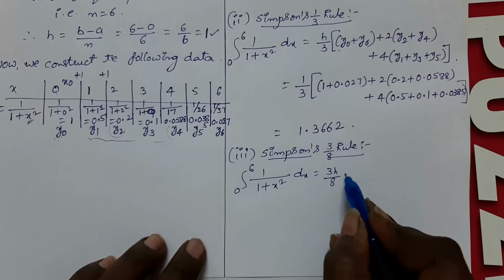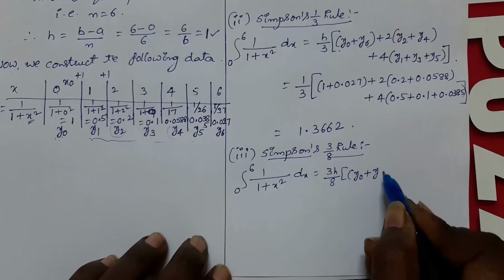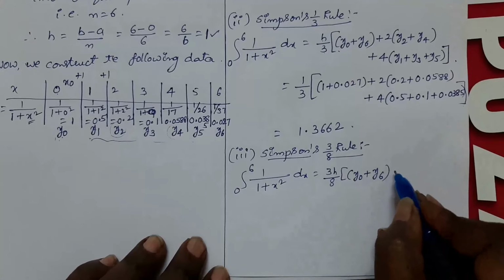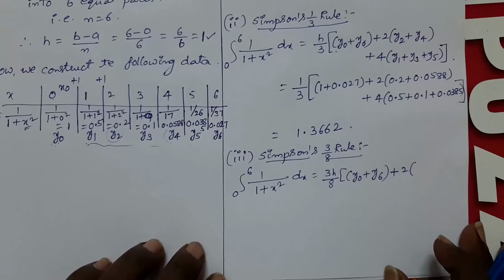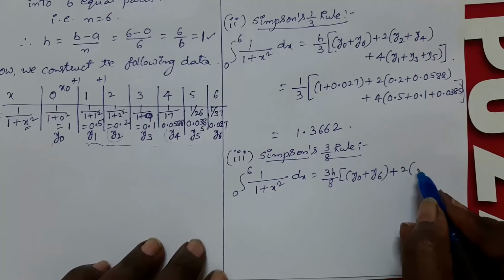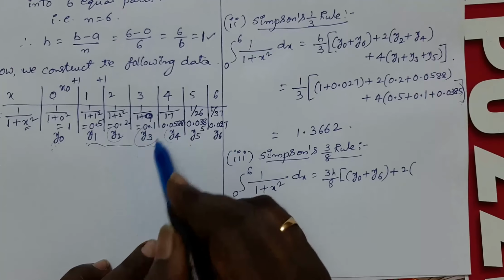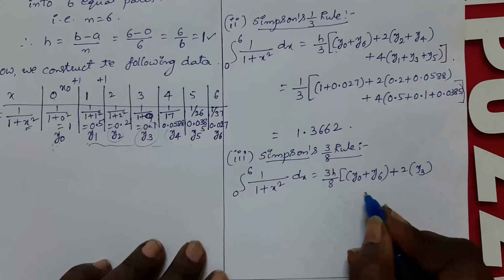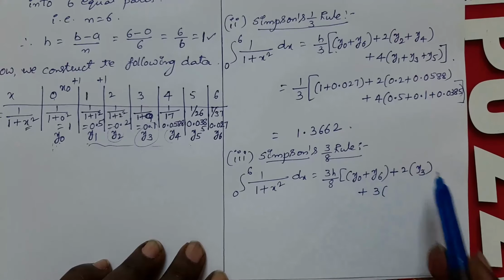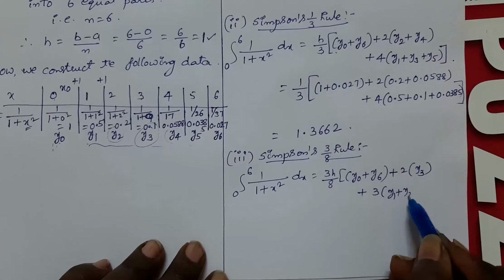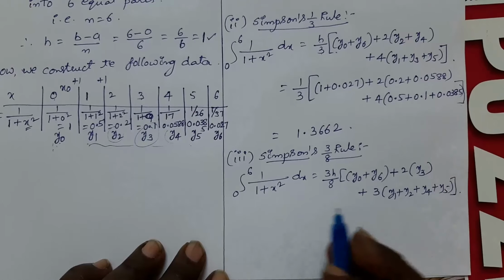Okay, bracket open, the sum of the first and last terms y0 plus y6 in the given data, plus 2 times of the functioning values which are multiples of 3 between y0 and y6, which is only y3, plus 3 into all remaining ordinates except these, which are y1, y2, y4, y5. Close the bracket and substitute the values.